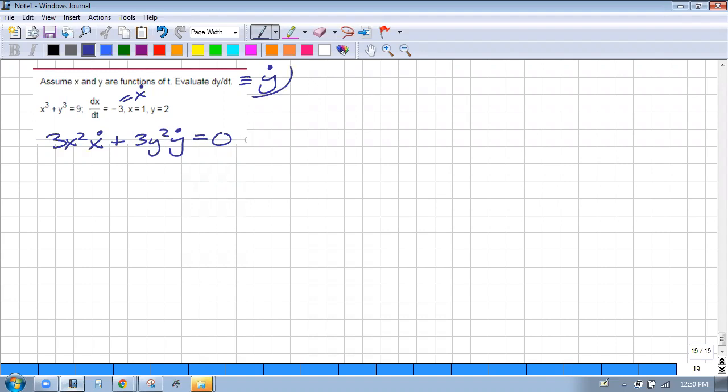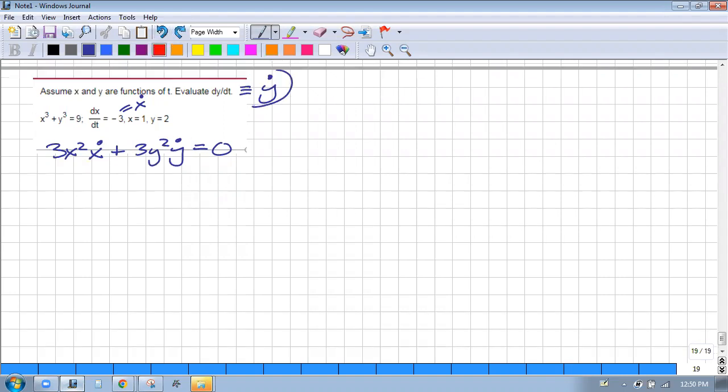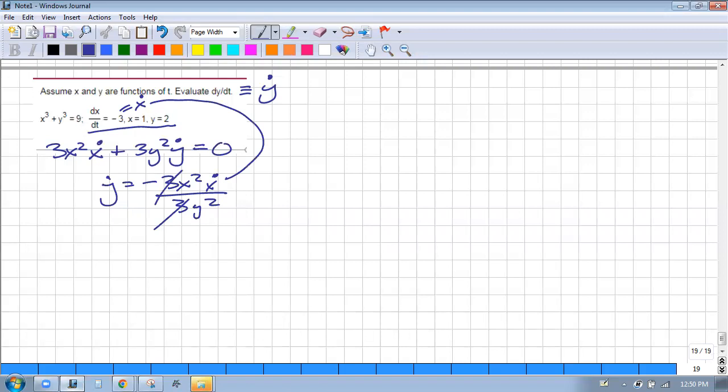They want us to find y dot when this is true. Well, y dot is going to be negative 3x squared x dot, I'm just moving this over and then dividing by this. The 3's cancel out. They give you x dot, they give you x, and they give you y. Just plug those in.